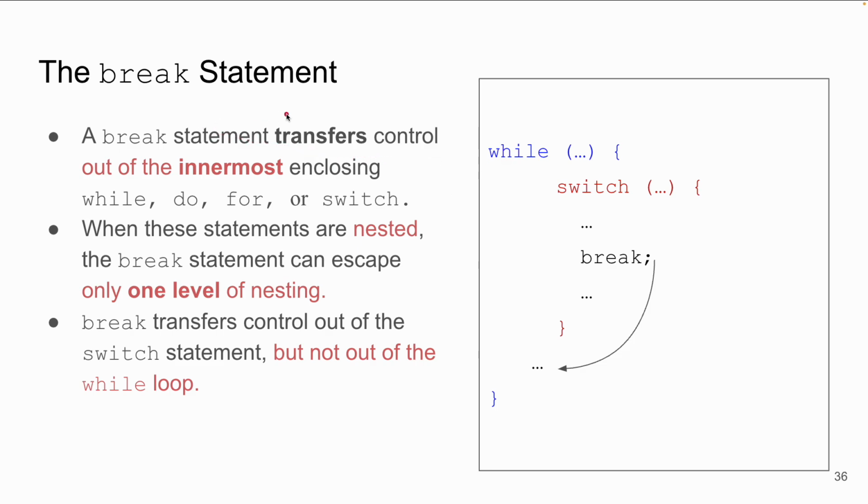But there are also some limitations for the break statement here. What the break statement will do is just transfer the control out of the innermost enclosing while, do, for, or switch. So when we have a nested structure like this, with a switch statement nested inside the while loop, and I have a break here, then the break statement can only help us jump one level of nesting.